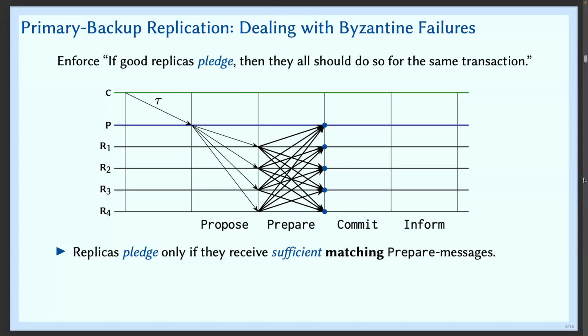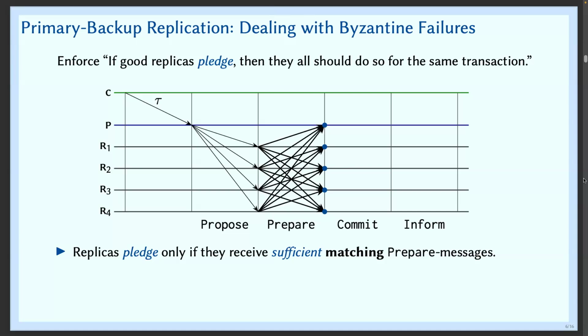So as long as you can form a matching quorum, you can ensure that the primary didn't lie. But if you see 2F plus 1 messages where one of them is something else or not matching, you cannot immediately say that the primary lied. The one sending a message could also be lying.